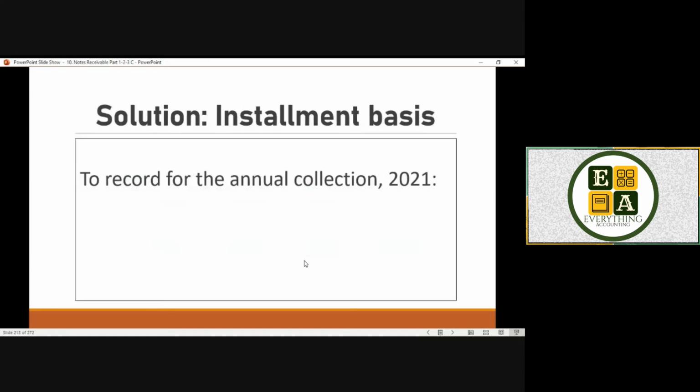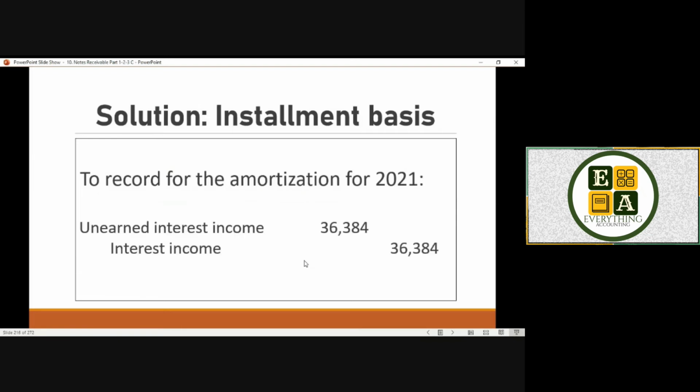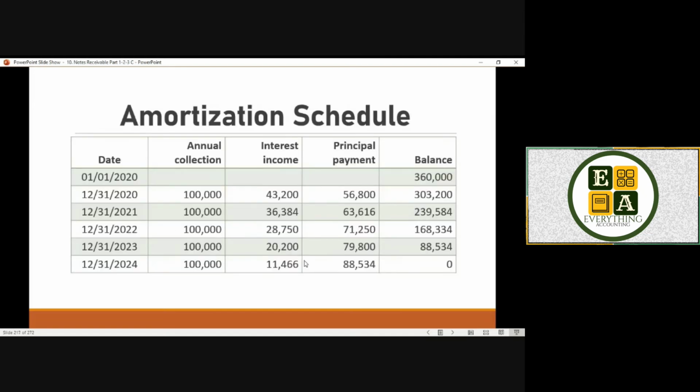To record the annual collection for 2021, the same, debit cash and credit notes receivable for 100,000. Then the amortization for 2021, debit unearned interest income and credit interest income for 36,384 on the basis of the amortization schedule. So that is the information for 2021.